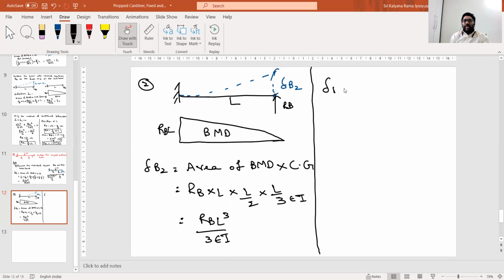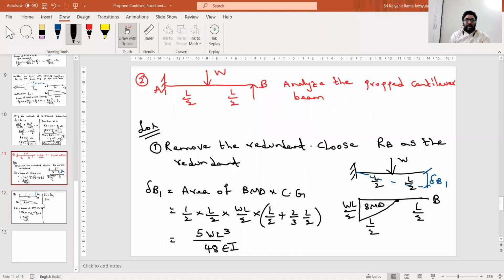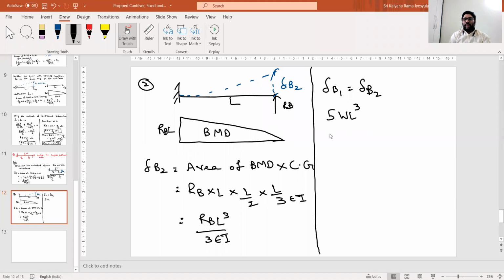Now by equating delta B1 to delta B2, as I said, sign convention you can use appropriately, negative or positive. So you get 5WL cube by 48 EI is equal to RB into L cube by 3 EI.